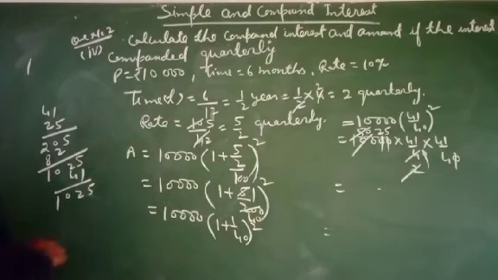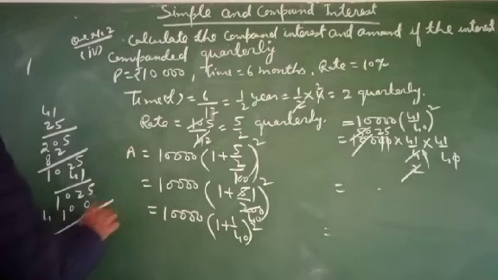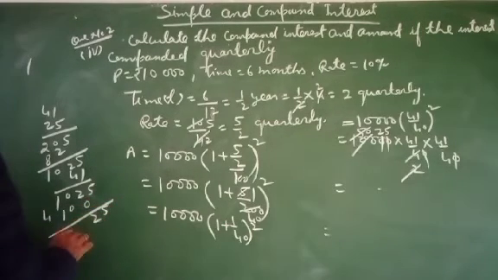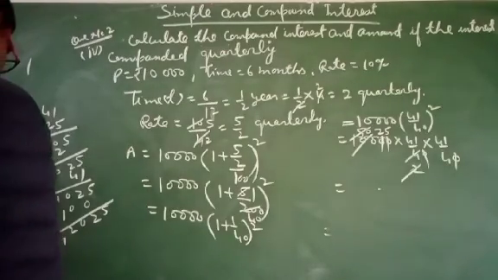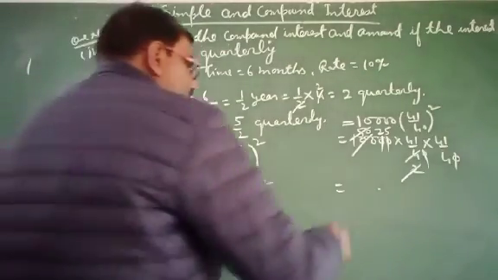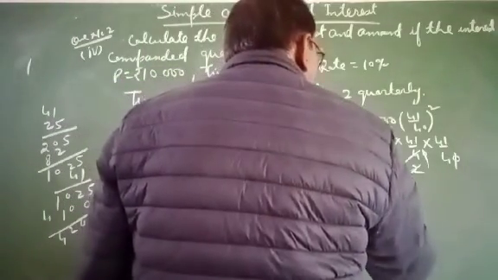Now 4 fives are 20, 0, 2, 4 twos are 8, 8 plus 2, 10, 4 ones are 4, 5, 2, 0, 2, 2025.